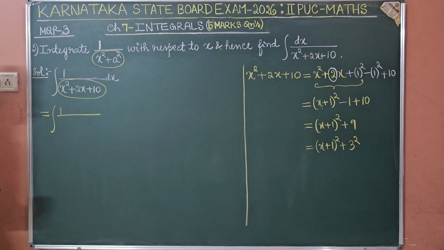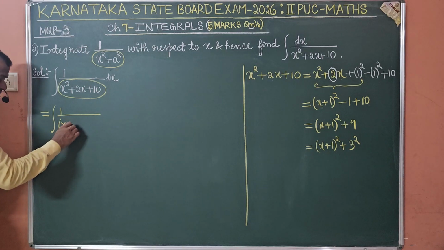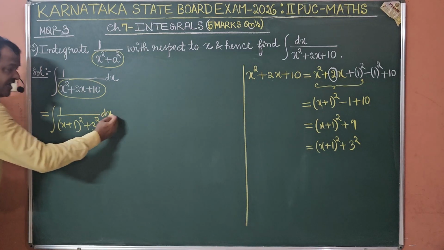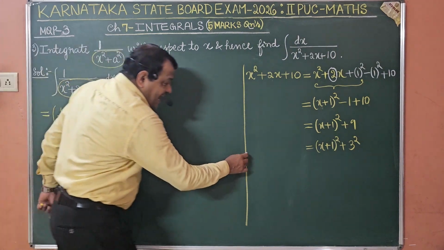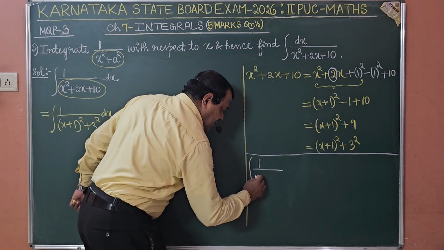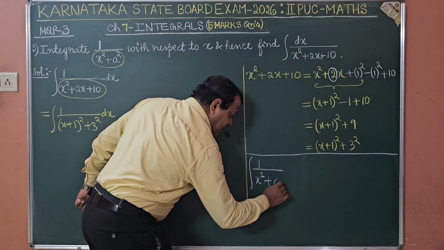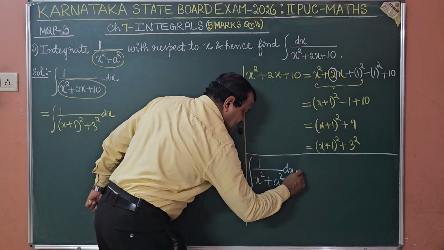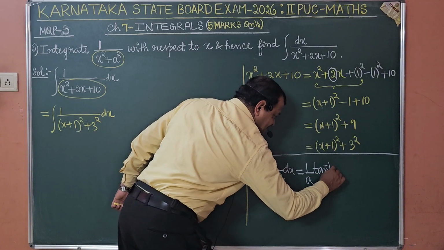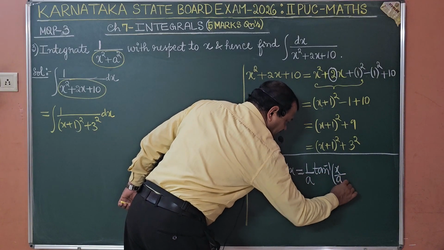Which I will substitute back here. Integration of 1 by x plus 1 whole square plus 3 square dx. Whereas, what is the formula we derived just now? We derived the formula: integration of 1 by x square plus a square dx is equal to 1 by a tan inverse x by a plus c.